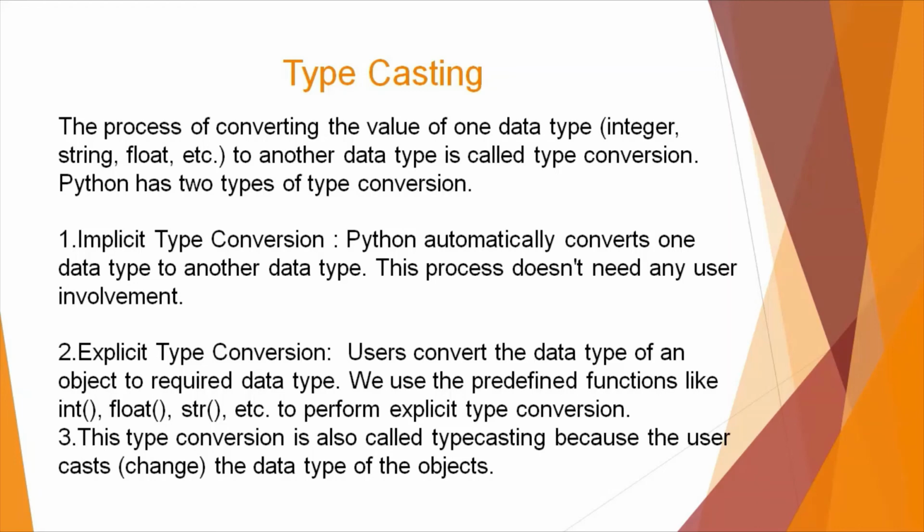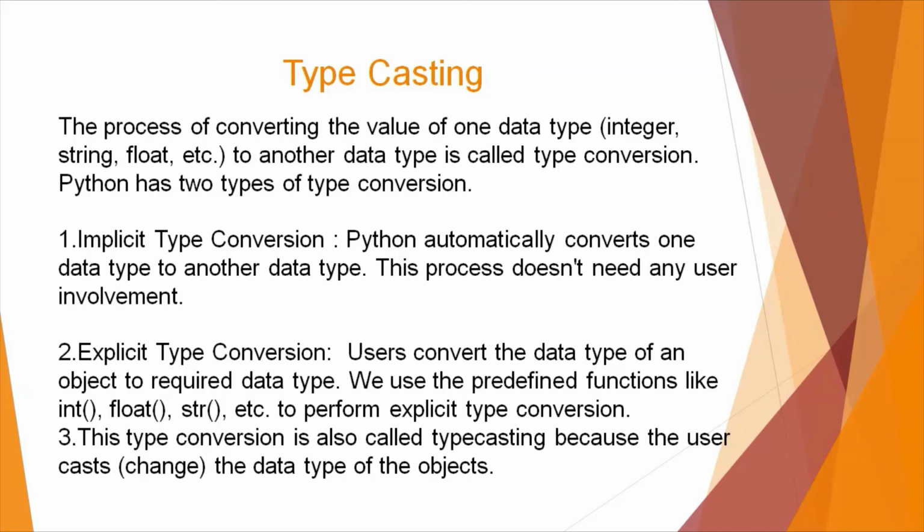This process doesn't need any user involvement, whereas in explicit type conversion, users convert the data type of an object to the required data type. We use predefined functions like int, float, string, etc. to perform explicit type conversions. This type conversion is also called typecasting because the user casts, that is, changes the data type of the object.